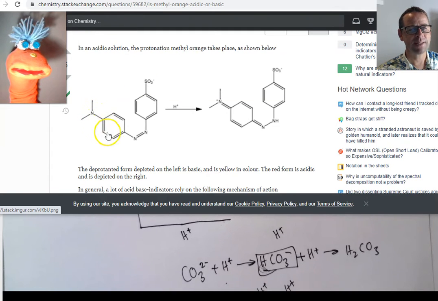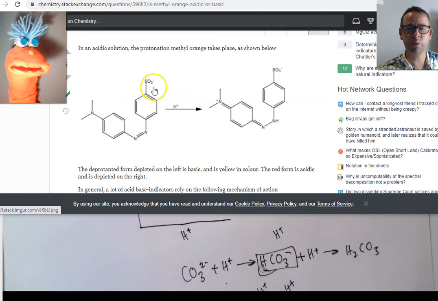So we have an extended conjugation system, a conjugated system we call this, okay? This ring right here is called aromatic. This one is also an aromatic system. And these extended pi bonds allow electrons to move around, and it also increases the flexibility of the wavelengths that this molecule can absorb.